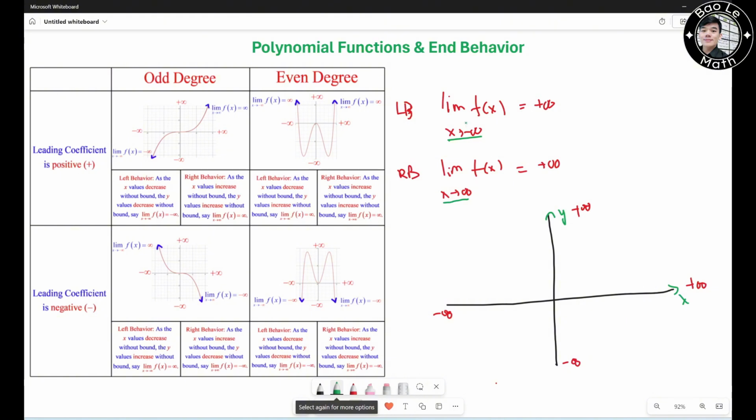So look at this one. When s approaches negative infinity, which means s going this way, and then the function approaches positive infinity, which means y is going this way, right? So I know that my left behavior should be something like this, right? Okay, now the right behavior, when s approaches positive infinity, which means s going this way, and then the function approaches positive infinity, which means y going up, right?